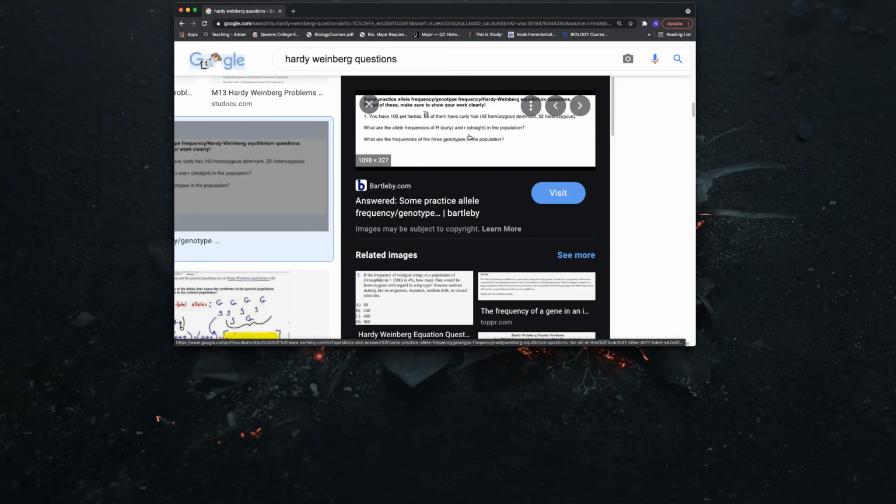So P is the dominant allele, and Q is the recessive one.